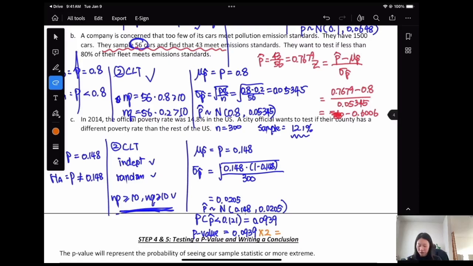All right, let me calculate that very quick, which is the total p-value should be 0.01878.